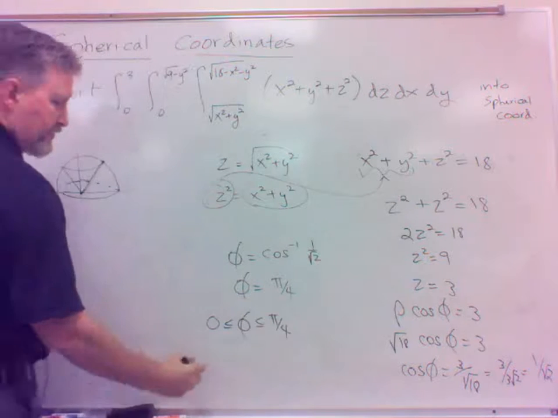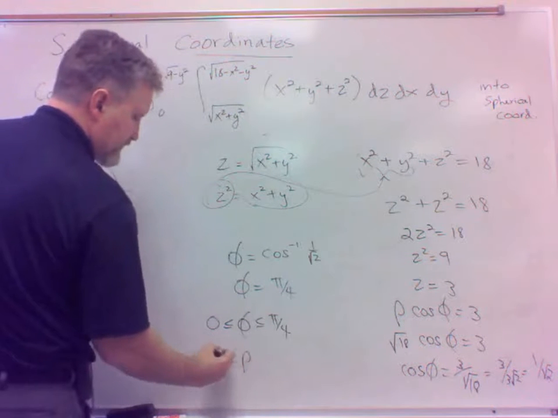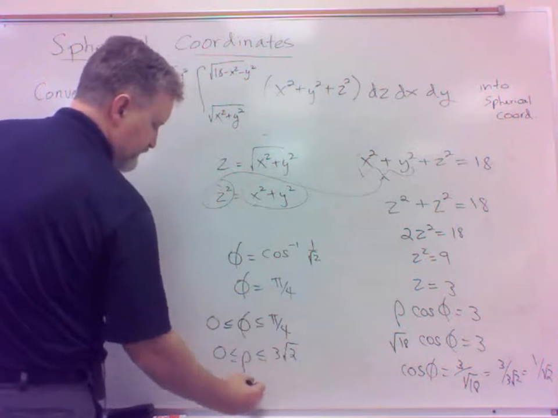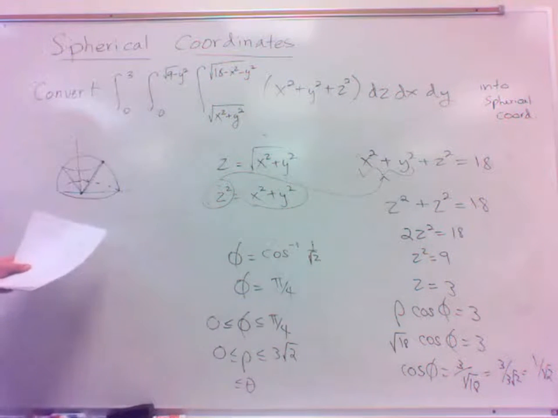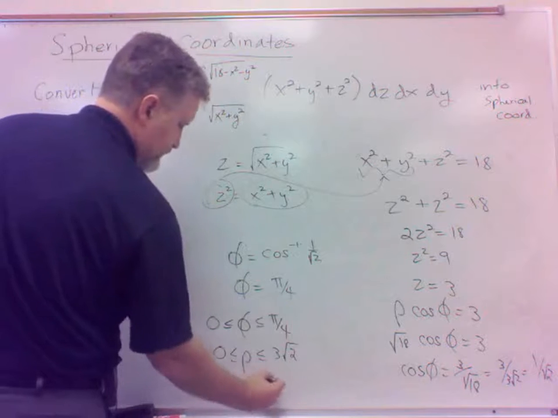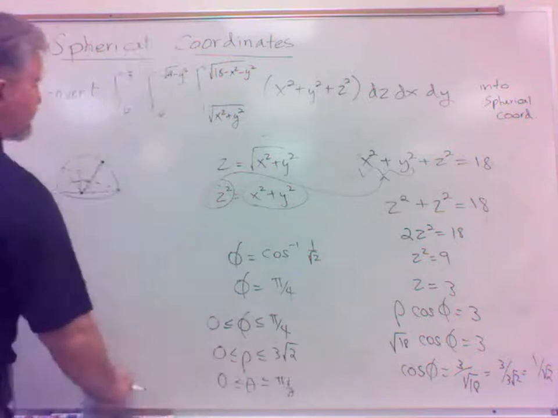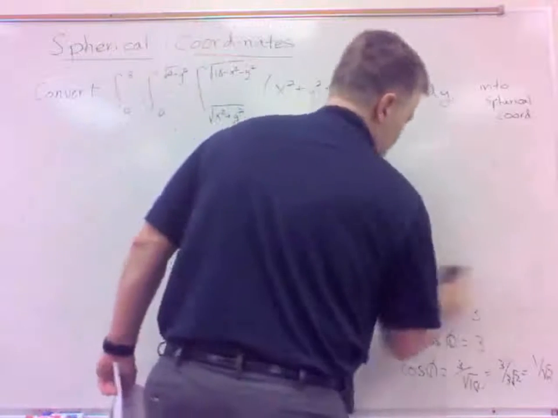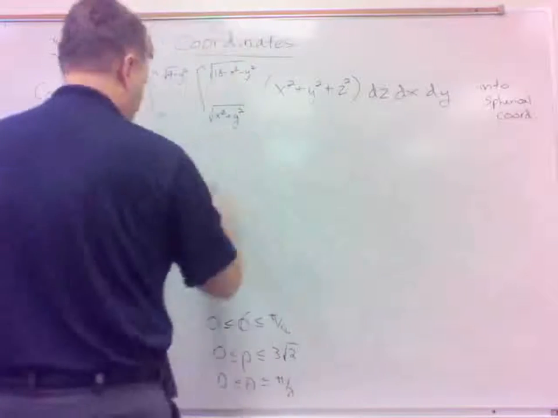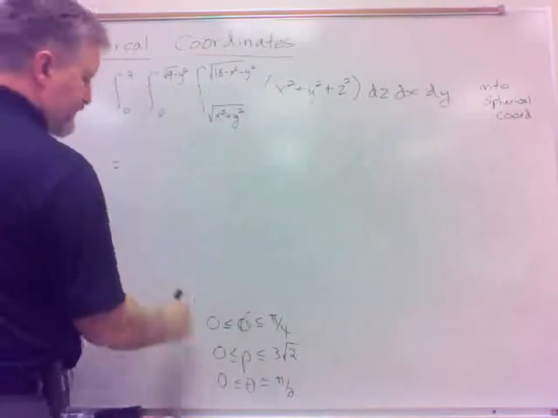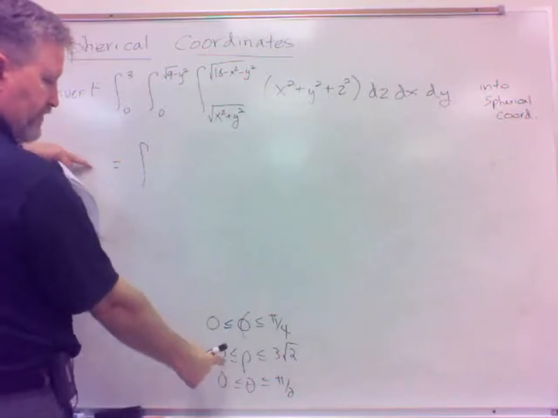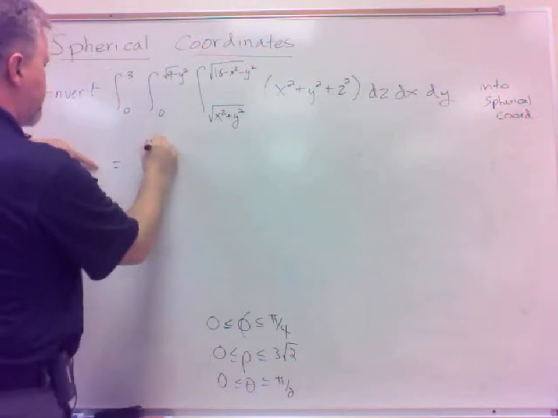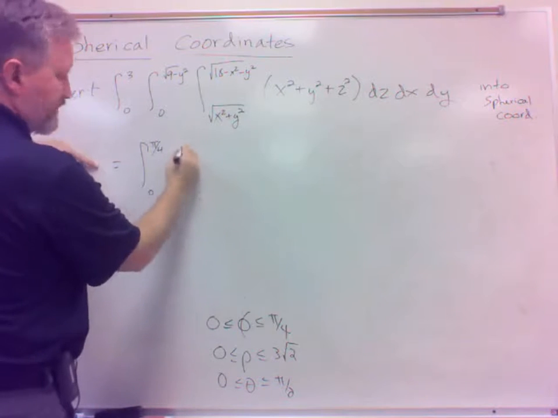Okay, so rho was between 0 and square root of 18, or 3 square root of 2. And then theta was 0 to pi over 2. So this integral, erase everything I'm doing here. So this integral then would be, we do phi first, so 0 to pi over 4.